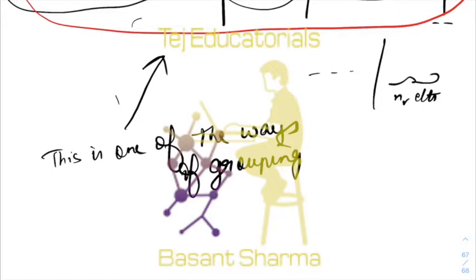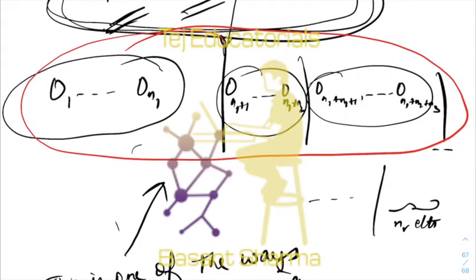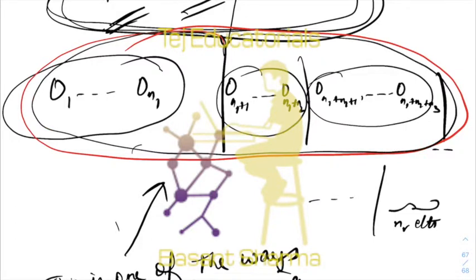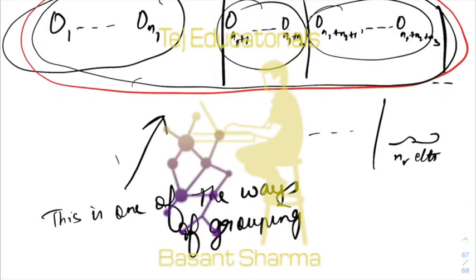Now if I think about this, keep this grouping the same. That is, group 1 has O1 till On1, group 2 has On1 plus 1 till On1 plus n2, and so on. Keep this grouping same.